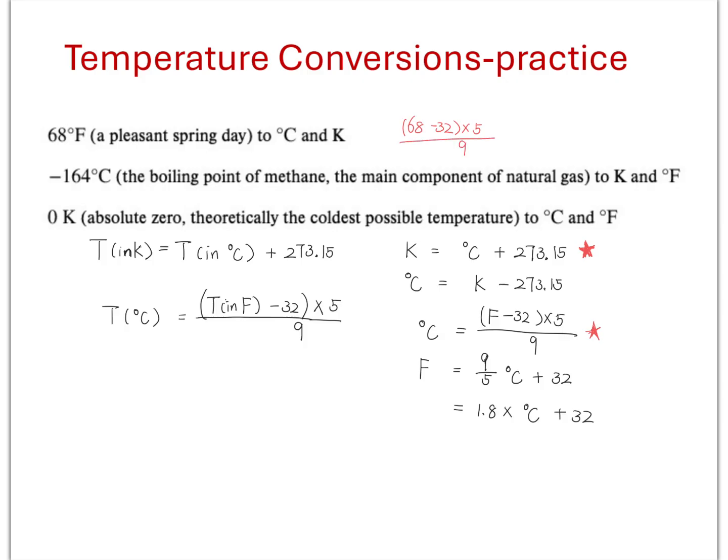That gives you about 20 degrees Celsius. And from 20 degrees Celsius to Kelvin, 20 plus 273.15 gives you 293.15 Kelvin. So that is how we use these numbers to do the conversion.